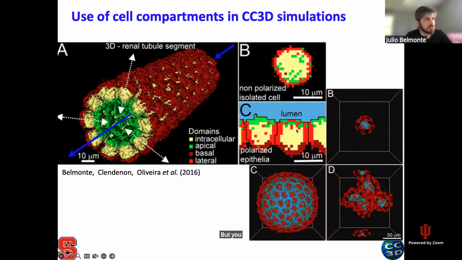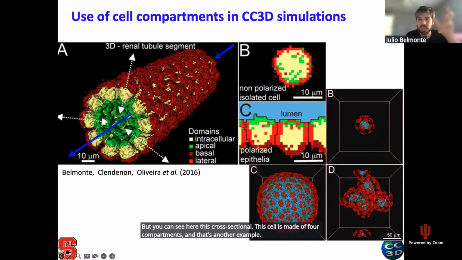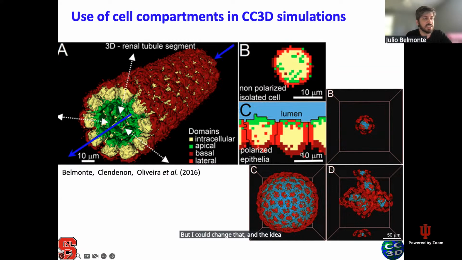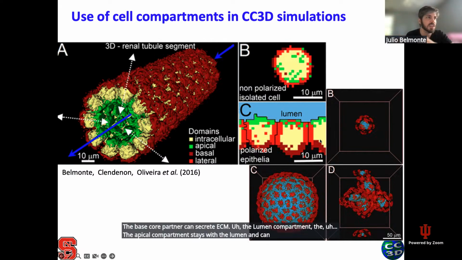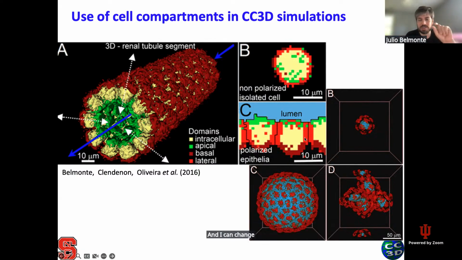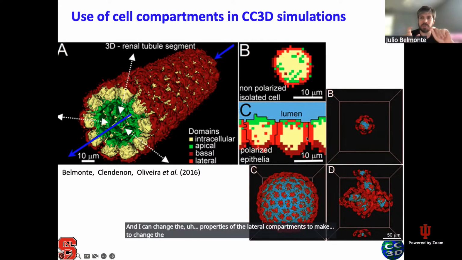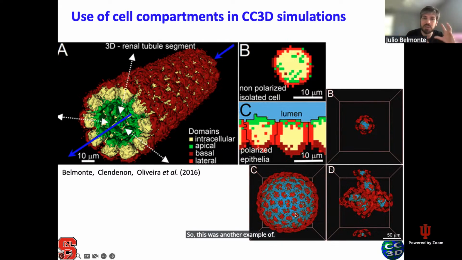But you can see here in this cross-section, this cell is made of 4 compartments, and that's another example where I could change that. And the idea behind that is that the base compartment can secrete ECM, the apical compartment stays with the lumen, it can secrete more lumen, and I can change the properties of the lateral compartments to change, for example, the type of cadherin that the cell expresses. So this was another example of where we used cell compartments. Okay, and you can see that this works actually also in 3 dimensions.